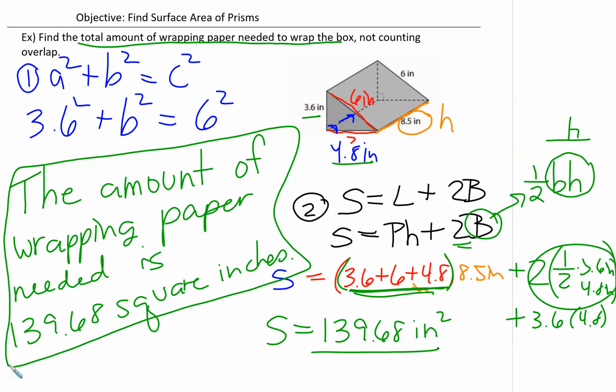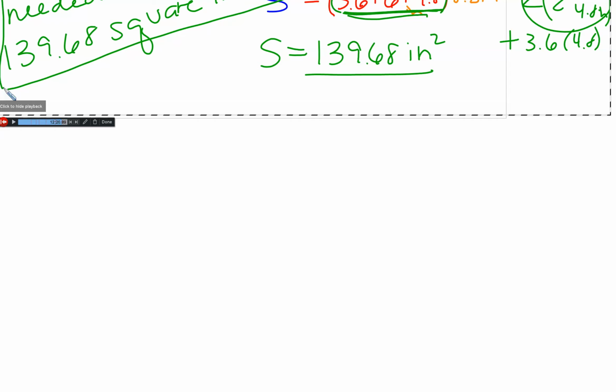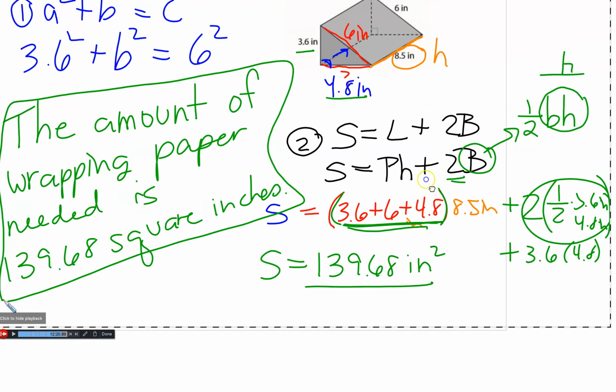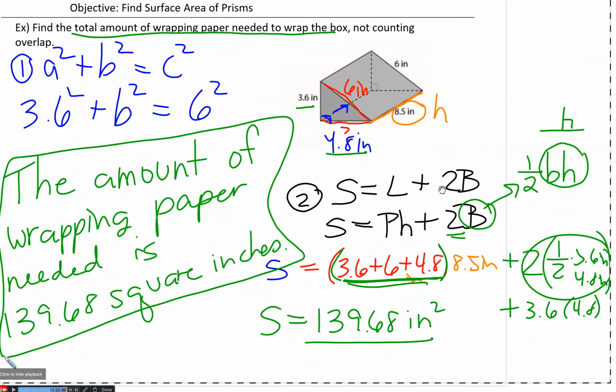All right. As I earlier said, I also want to show you how to do this same problem using a net instead of the formula for those of you who don't like formulas or might have difficulty remembering them. So one of the things, remember, about our solid here, we have a triangular prism. So it has 3 rectangular sides and 2 right triangle bases.